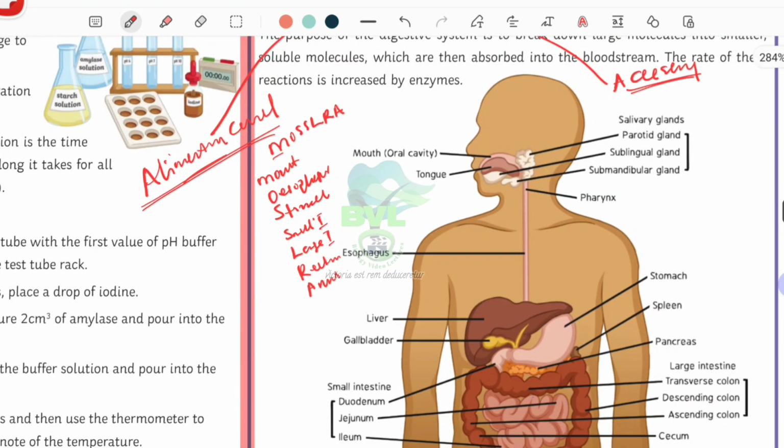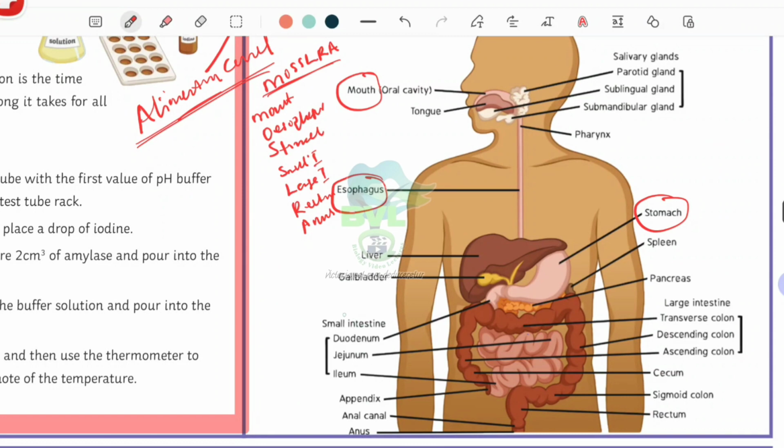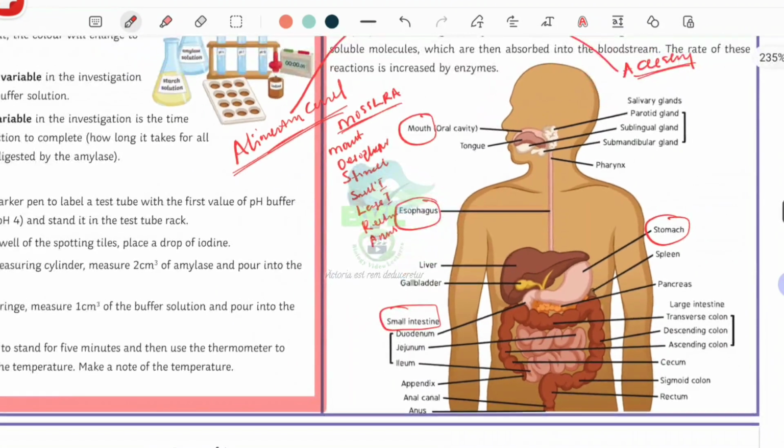So all of these are called alimentary canal, and I'm going to be circling them now: the mouth, the esophagus, the stomach, the small intestine, the large intestine, the rectum, and the anus.